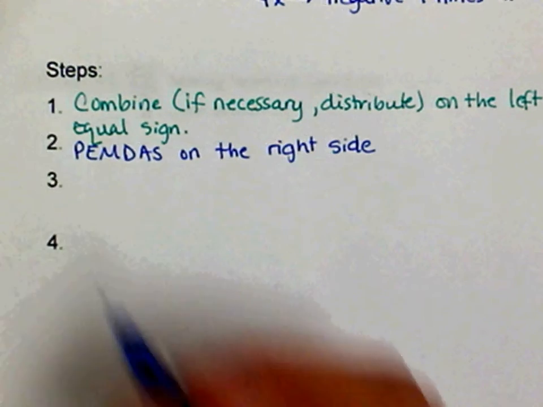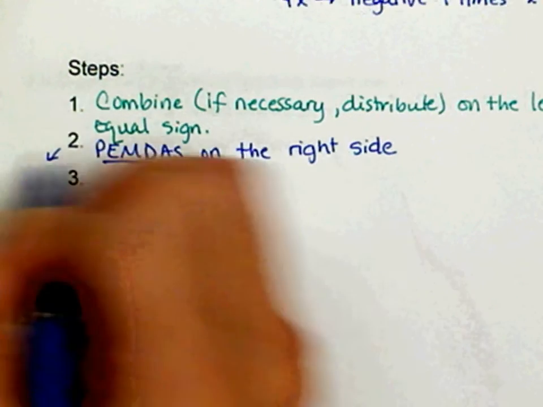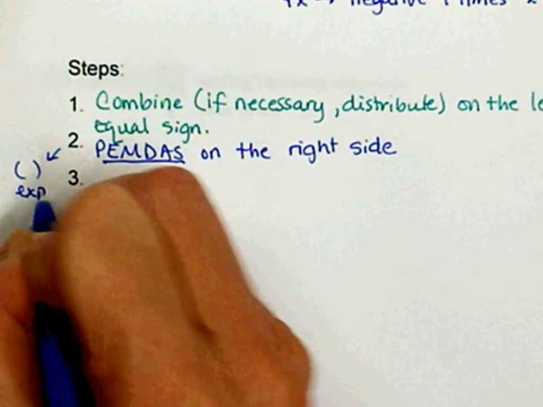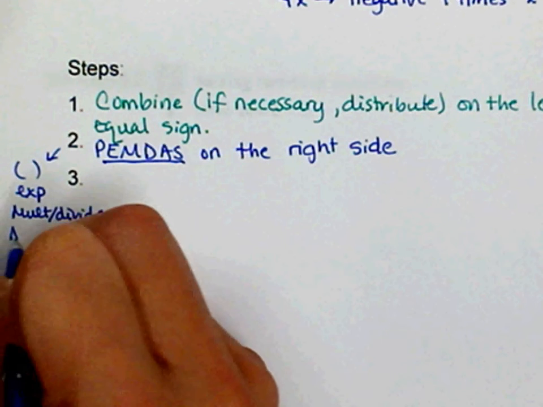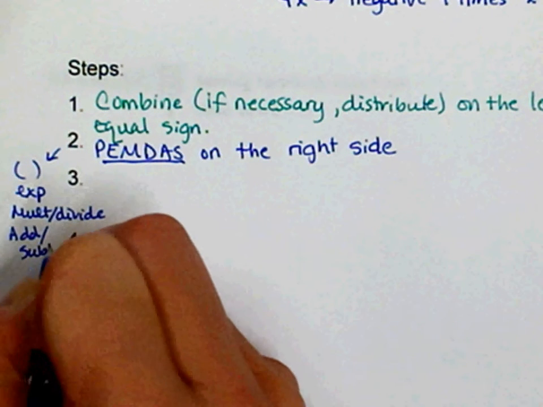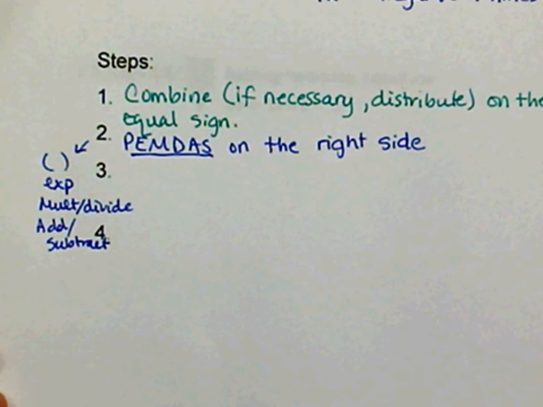Parentheses, exponent, multiply, divide, and then you add and subtract, right? Everything on the left, you do it first, and then you do it on the right. Separate the two first. If you will do that, you will never mess up.